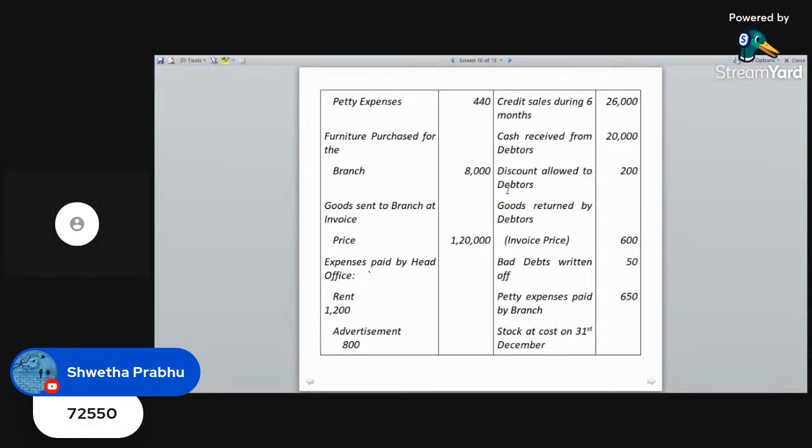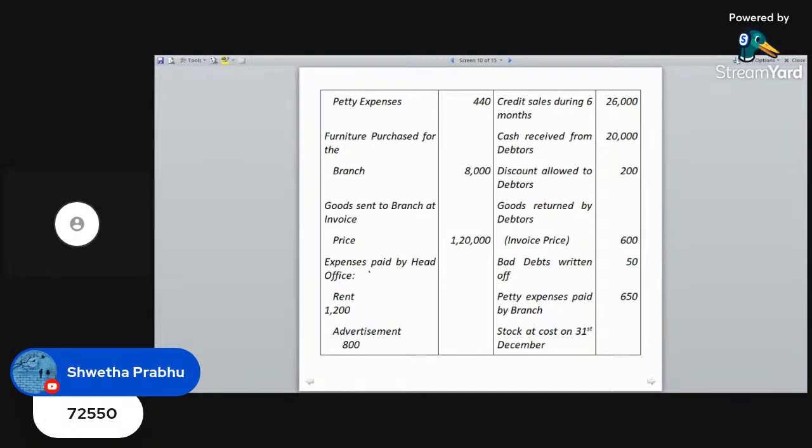But do we have to consider depreciation for 1 year? No, right? Why? Because this furniture was purchased by the branch when the branch was opened on July 1st, and we are closing the account on 31st December, which means the furniture was used in the branch only for the period of 6 months.